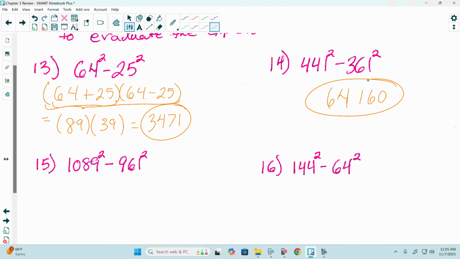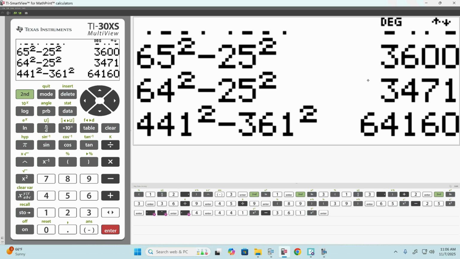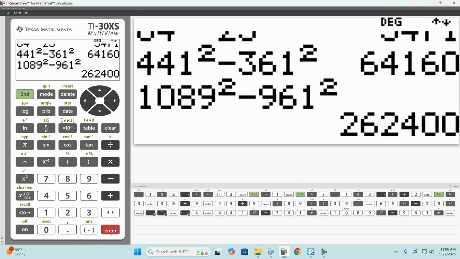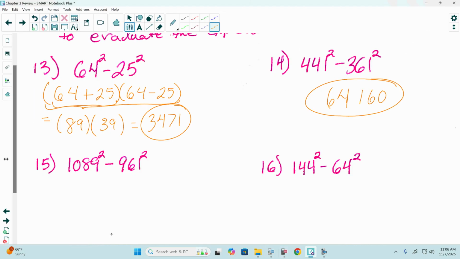I'd type it in just like it is, 1089 squared minus 961. If we plug a number in for a variable, put parentheses around it. But if it just gives you something like this here, type it in exactly as you see it. I wouldn't change a thing.